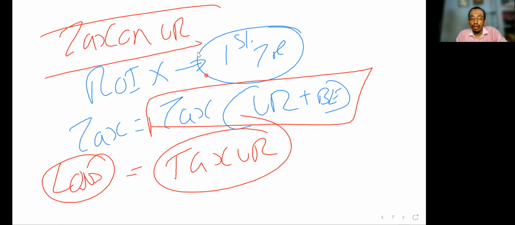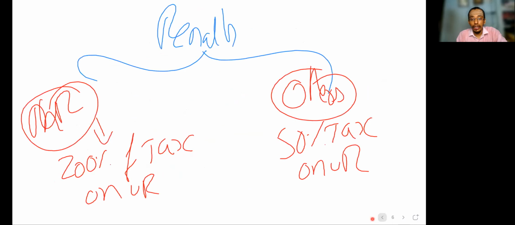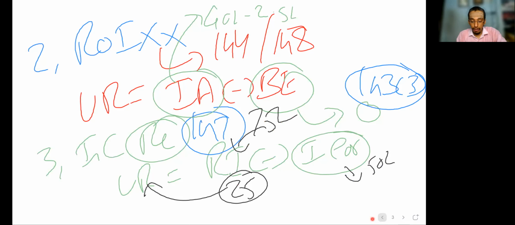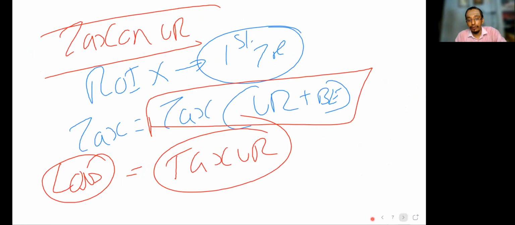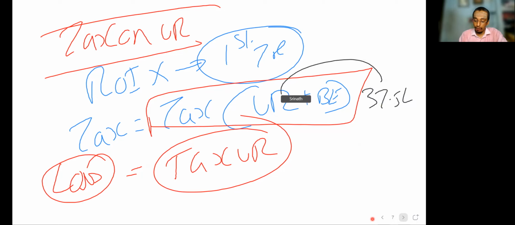Now, how do we calculate tax on under reporting of income? Return of income is not filed for the first time. That means in our given case, under reporting of income, which is 40 minus 2.5 lakhs, will be 37.5 lakhs. So how do we need to compute? 37.5 lakh is under reporting of income.